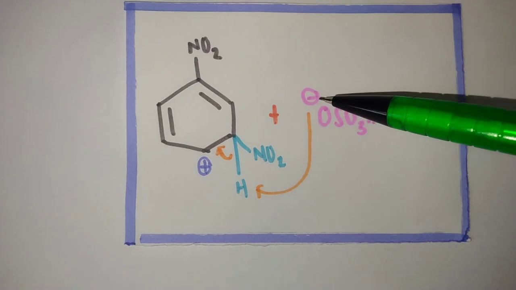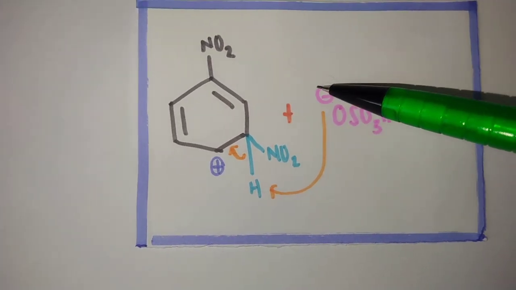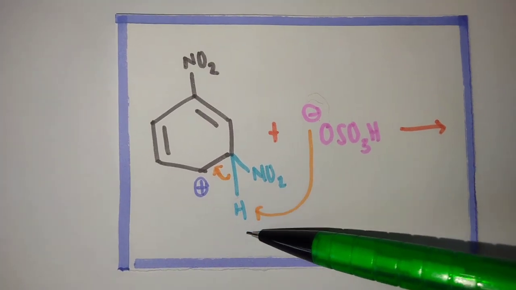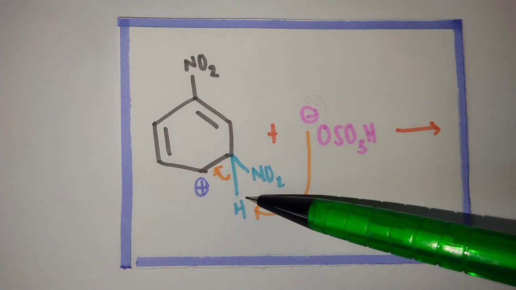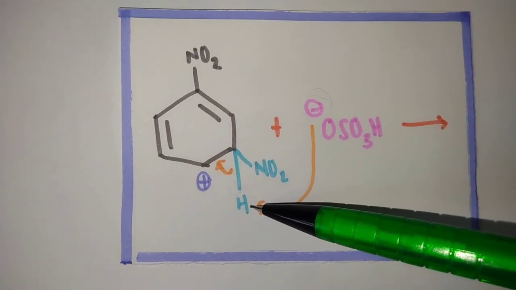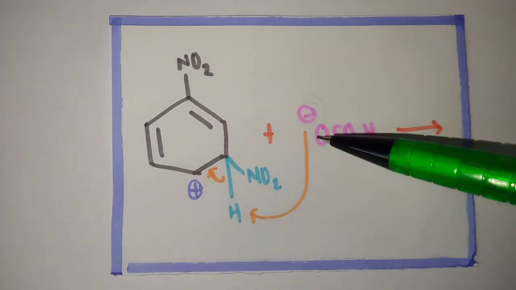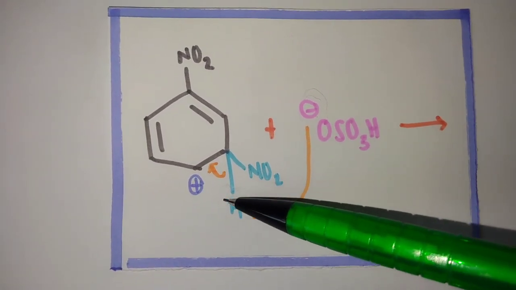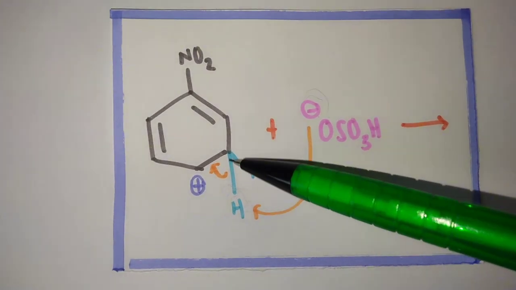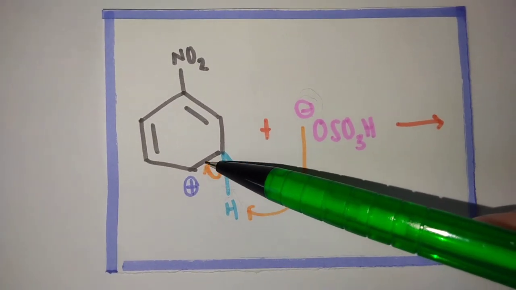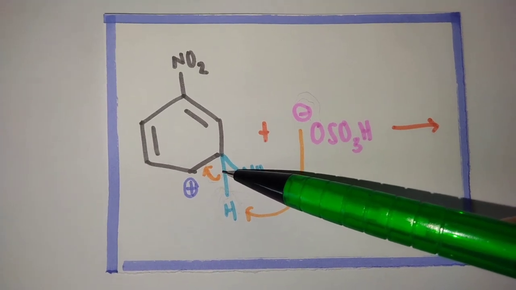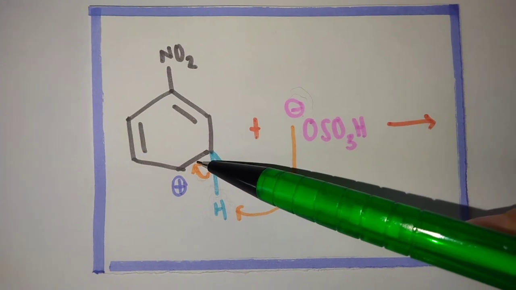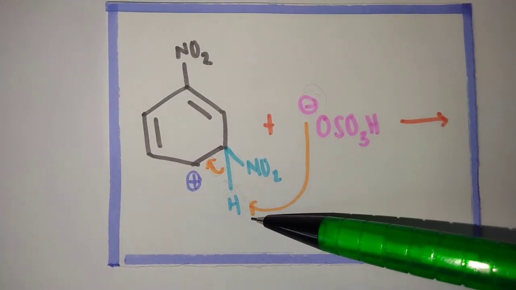So since HSO4 minus is negatively charged, it is attracted to the positively charged hydrogen atom here. So it will attack the proton, and the sigma bond will break down, and both of the electrons will be pushed to the carbon, which is more electronegative than hydrogen.